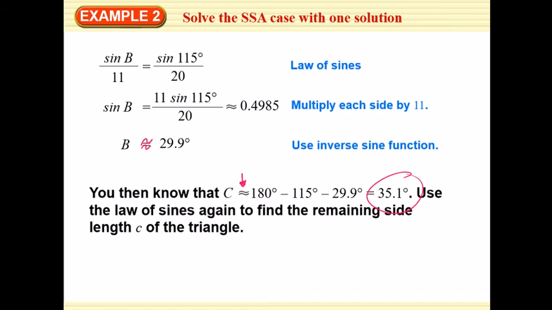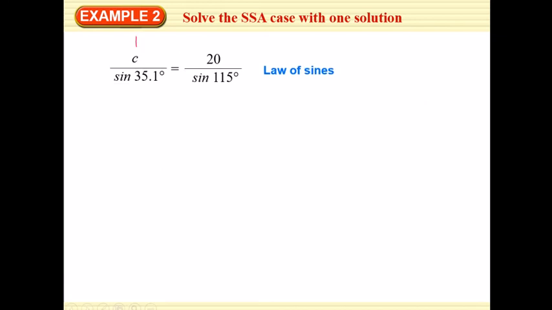And then I can use the law of sines again, setting up another proportion, to find the remaining side length C. Since the side length is now missing, I put that variable in the numerator using that reciprocal property of the law of sines again, and multiply each side by the sine of 35.1.